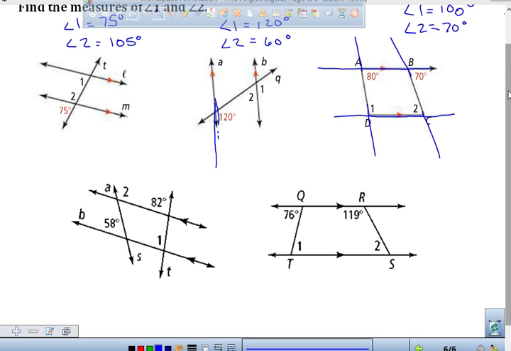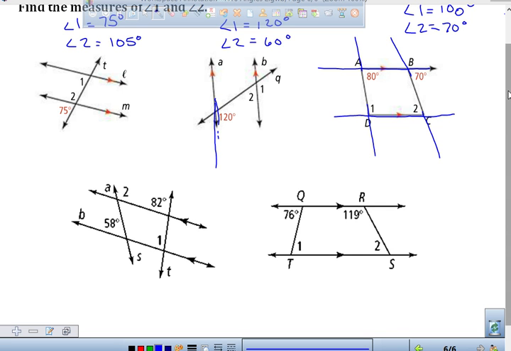Okay, last two. Then you'll have about 20 minutes of homework time. Okay, angle 1. How might I find angle 1? Why 82? They're corresponding.